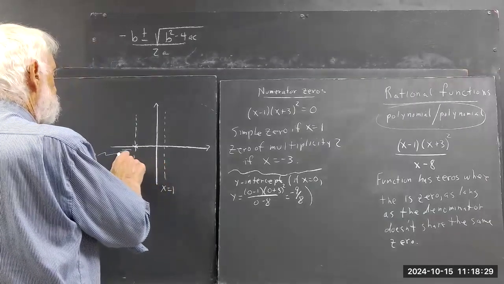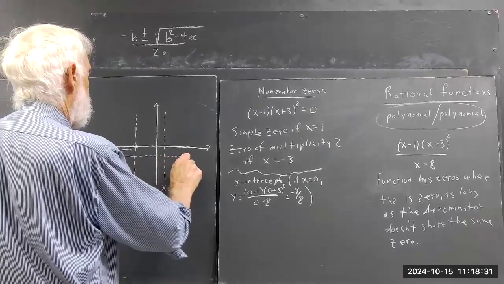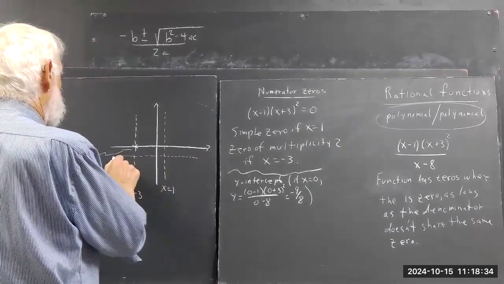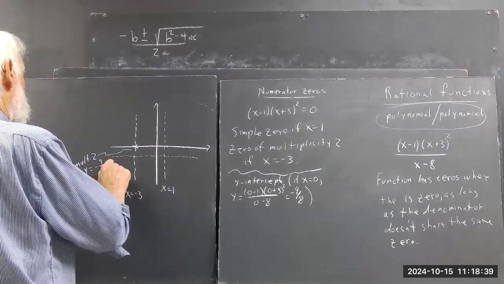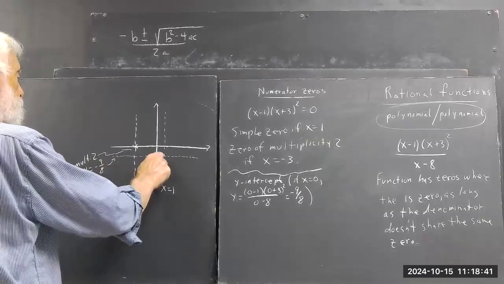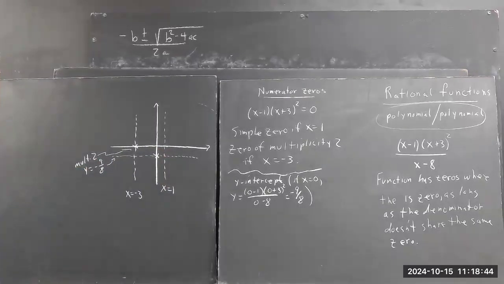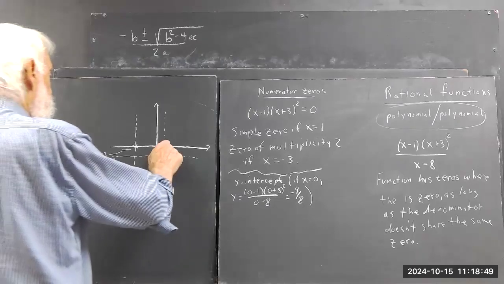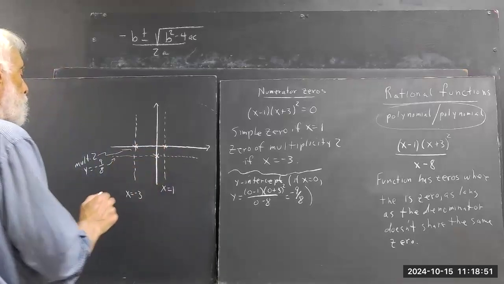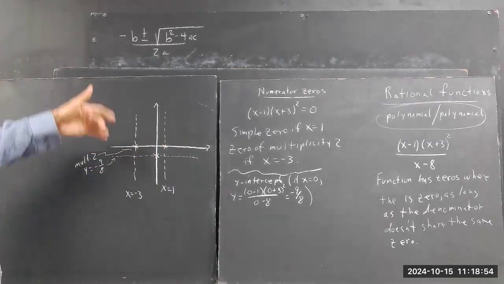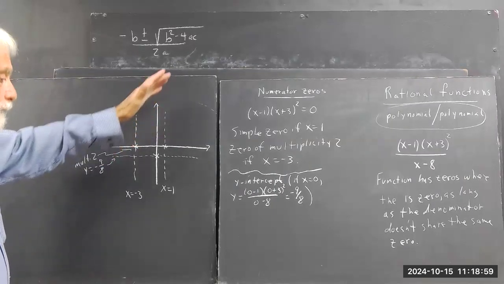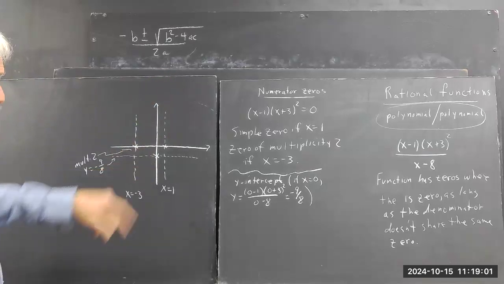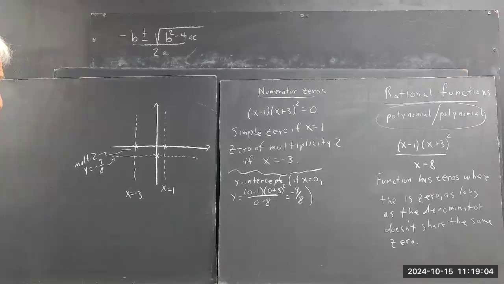So let's just say this is the line y equals -9/8. The 0 is right there. Or the y-intercept, I'm sorry. So that 0 is here and here. This 0 is going to be quadratic. It's going to be parabolic in shape. This 0 is linear. It's going to be nearly a straight line in shape. We've got to go through this point. Now there's more to it.